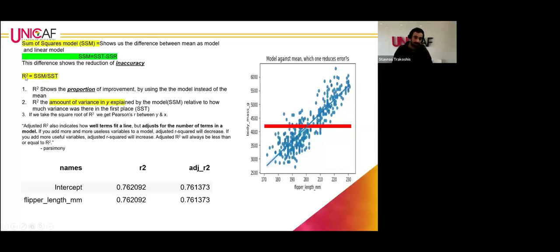I get this number here, which is R squared. R squared is a very important parameter when assessing linear models. It tells us the proportion of improvement by using the model instead of the mean. And we treat it as showing the percent amount of variance that I can explain in the dependent variable.